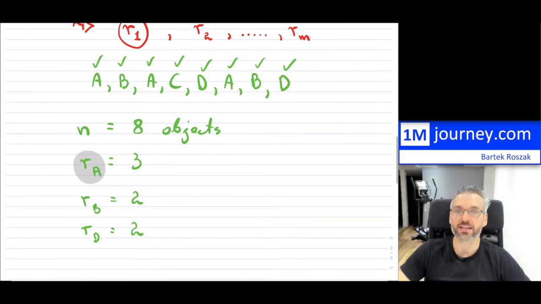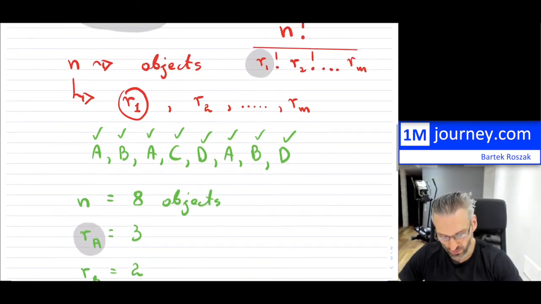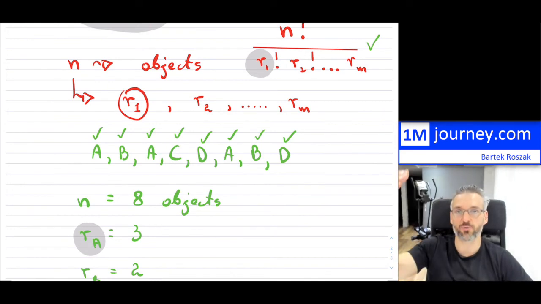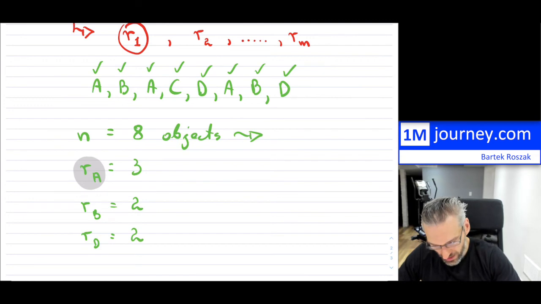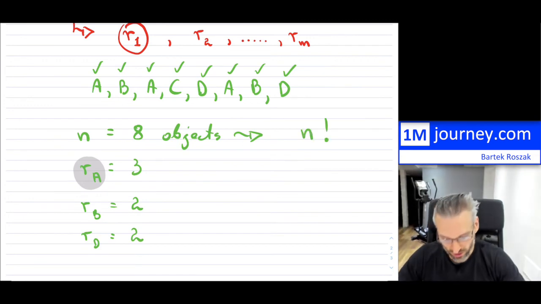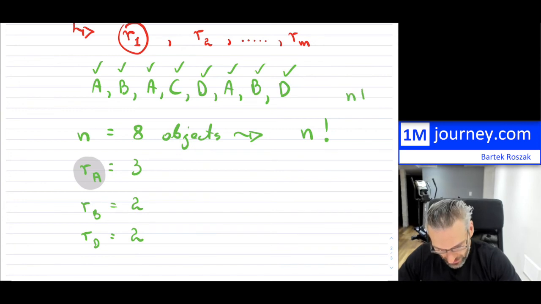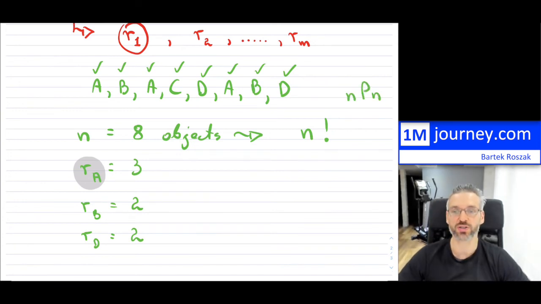So to find the total number of permutations, this formula will do the trick for you. Instead of arranging them, you can simply say, how many permutations in total? Well, n factorial. Or, of course, you can write this as nPn, because we're choosing all of them.